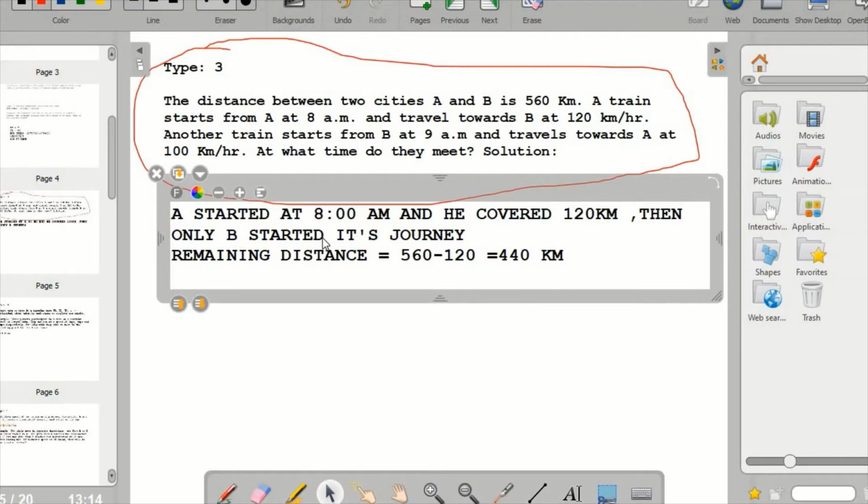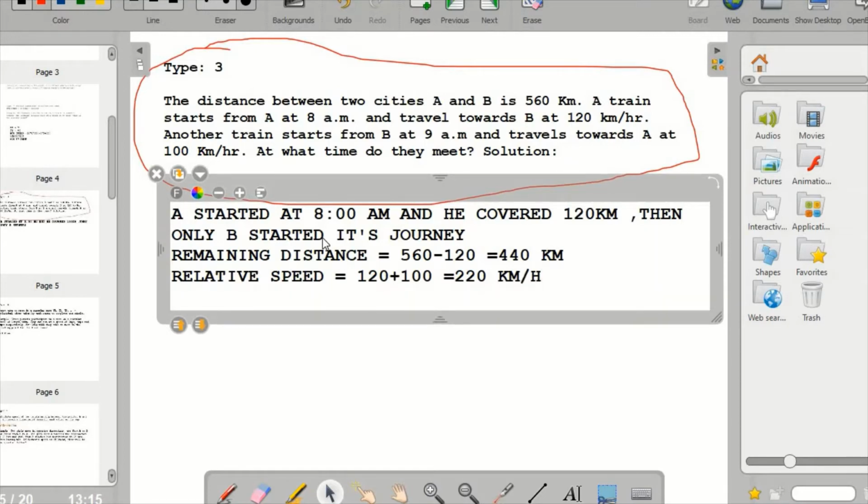So we have to calculate the relative speed. What is the speed B has to travel? So relative speed equal to, as I said earlier, for calculating the relative speed we have to add. So 120 plus 100, where 100 is the speed of B, equal to 220 kilometers per hour.